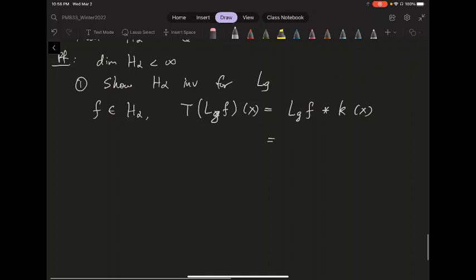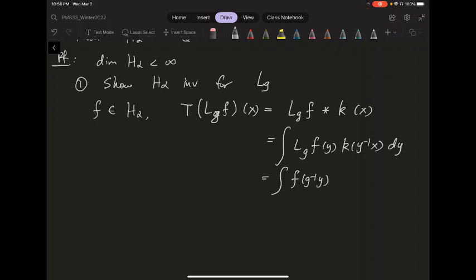So let's write out this integral. We have done these kinds of calculations several times already, so let me just write it out quickly. So I have the integral as a convolution, and the left translation basically just puts a g inverse on the left. Okay, so I have k of y inverse x, dy.